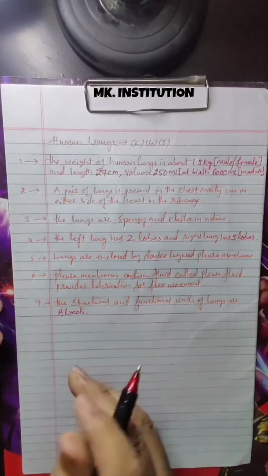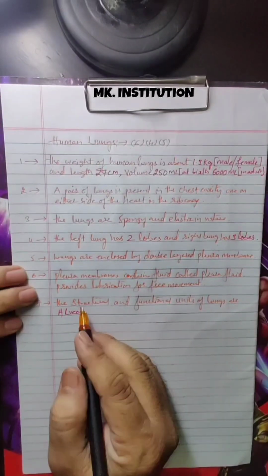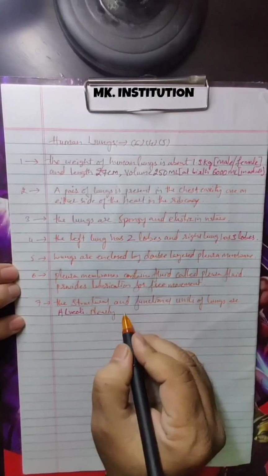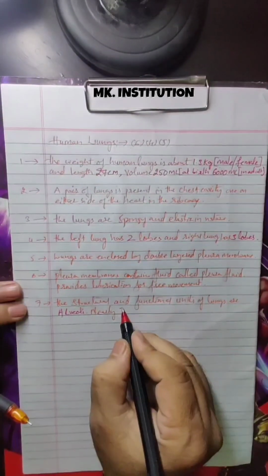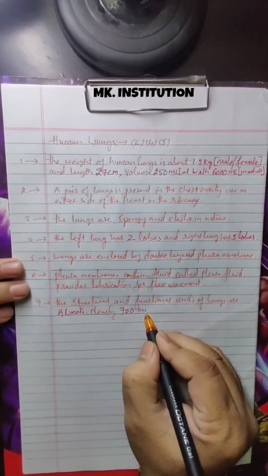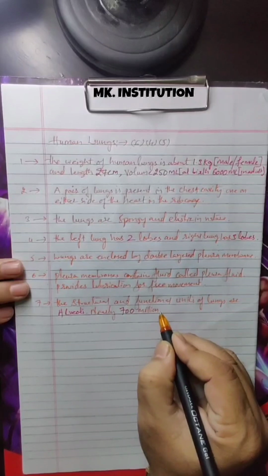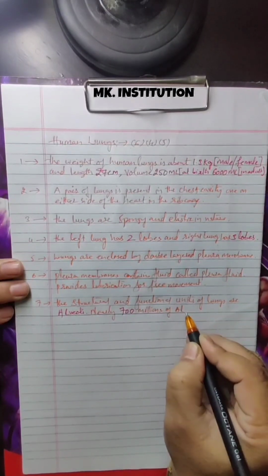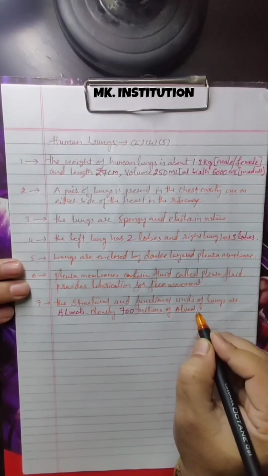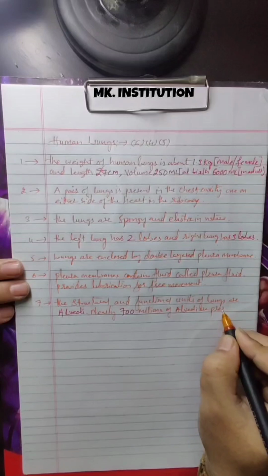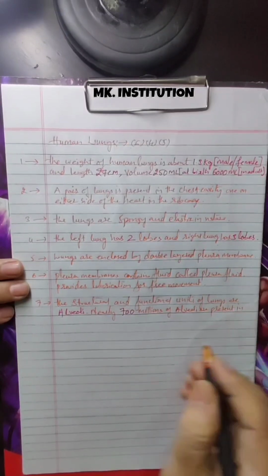And these alveoli will be nearly 700 million in number, present in the lungs.